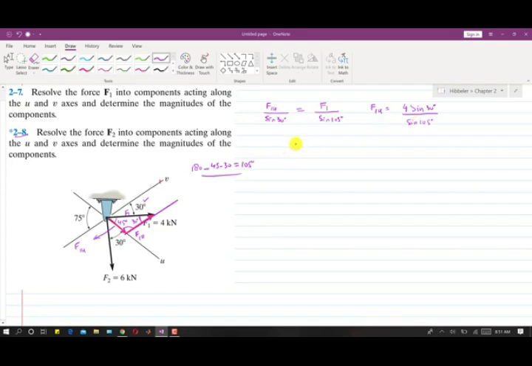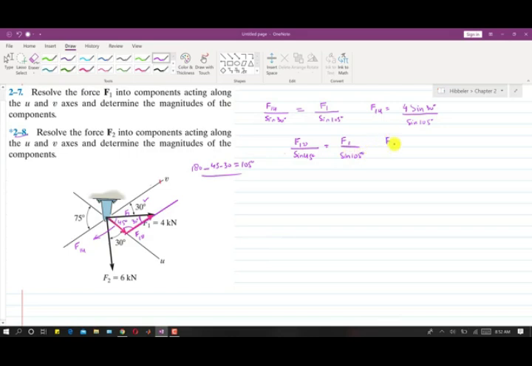Now to find F1V, again we will use the Sine's law. This is F1V, right? This component. We will divide it by the sine of the opposite angle, that is 45. So I will write sine of 45 degrees, and this will be equal to again F1 divided by sine of 105 degrees.